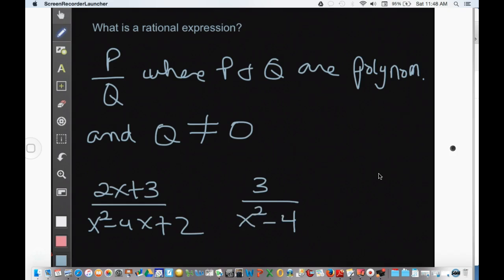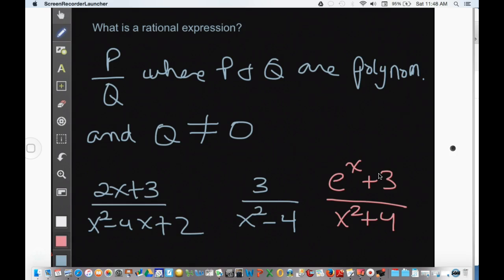Again, the ratio of two polynomials would be a rational expression. However, something like e to the x plus 3 is not a polynomial. E to the x is an exponential function. So even though I'm writing it as a ratio, it's not a rational expression.